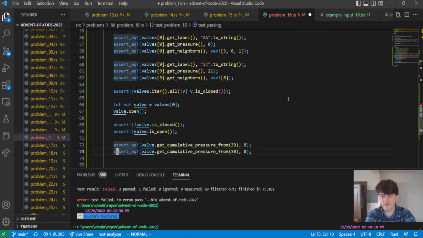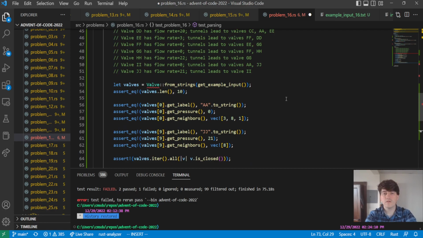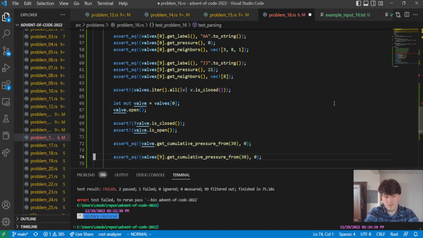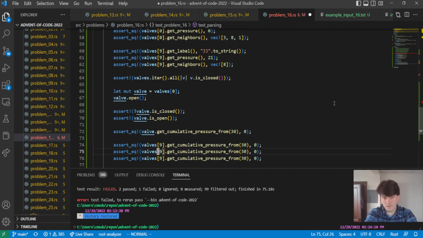Let's see. Let's say valves 9, which has flow rate 21. At 29 it should be 21.